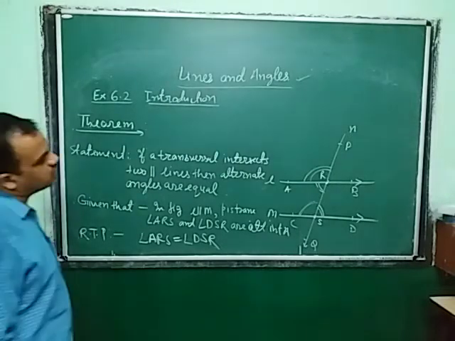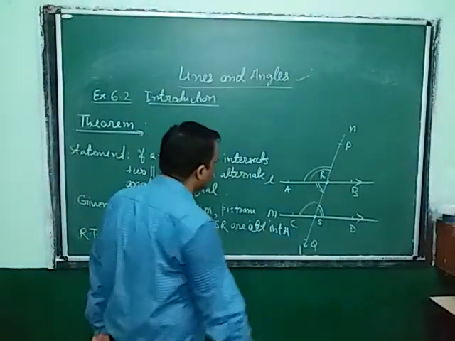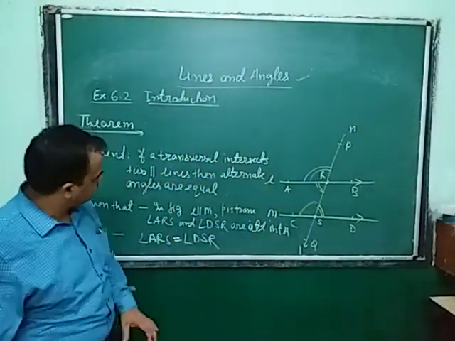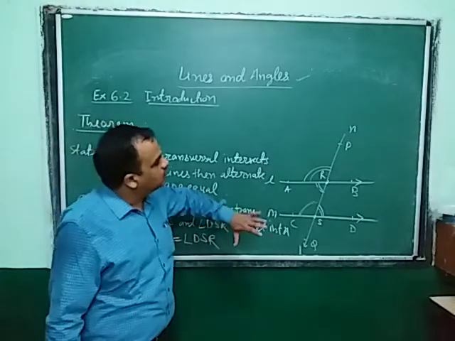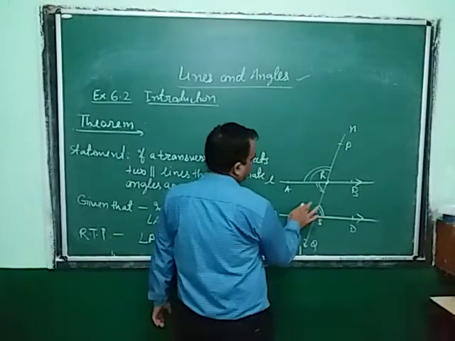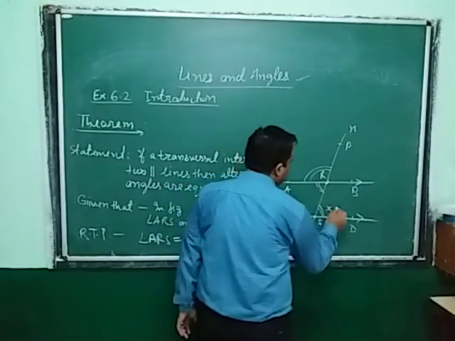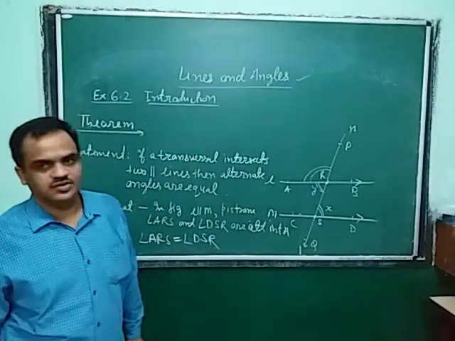So we will use the concept directly. We are not going to prove that. Let me try to make it clear to you how easily you can prove it. Say this angle is x and this angle is y.